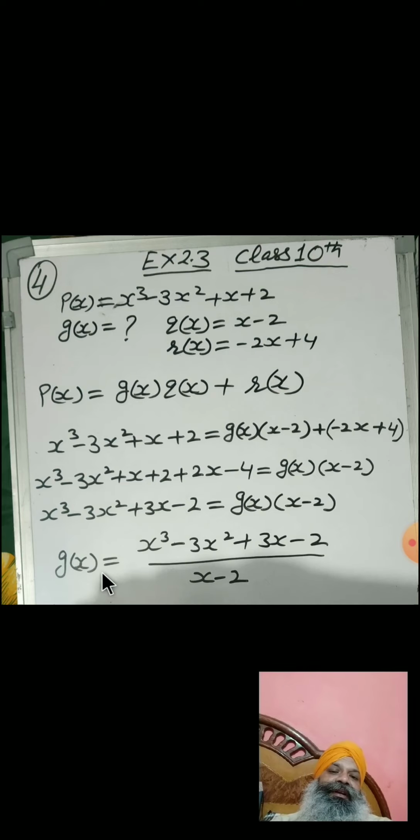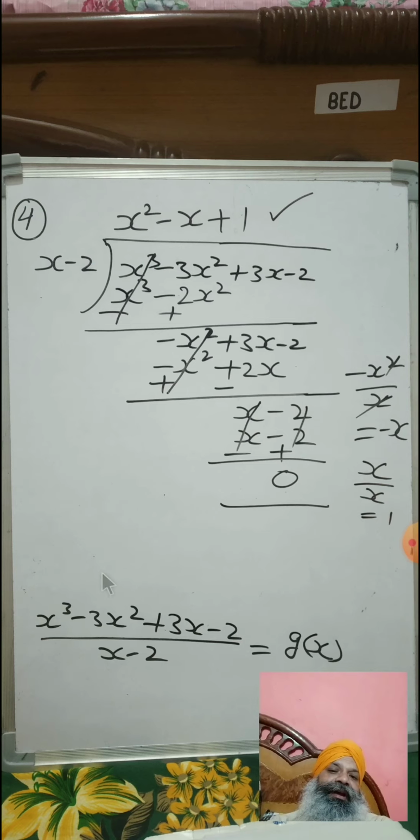We will now divide this by the traditional method, as you are seeing on the screen. So we have written x cube minus 3x square plus 3x minus 2, divided by x minus 2. Now the question is what comes here.